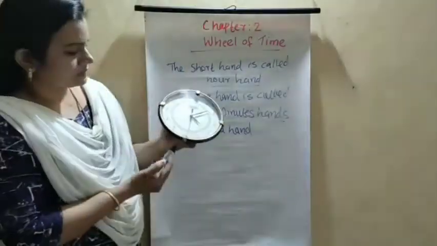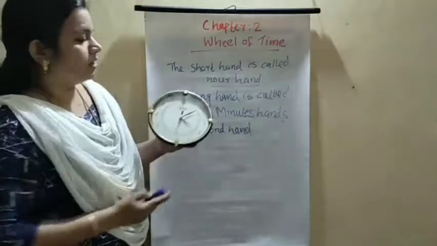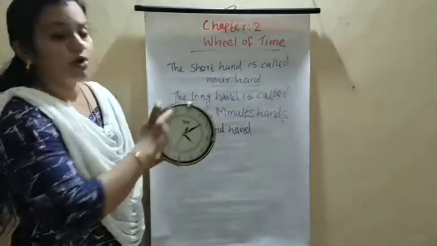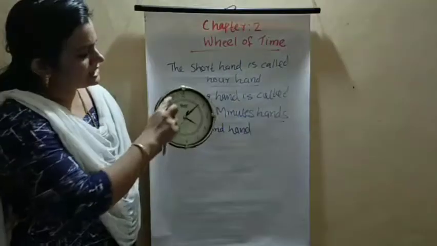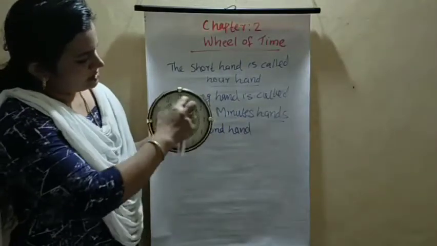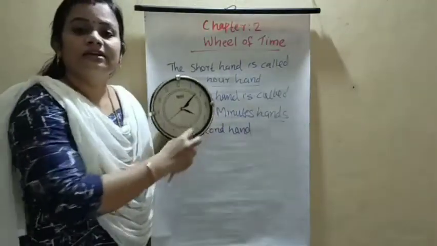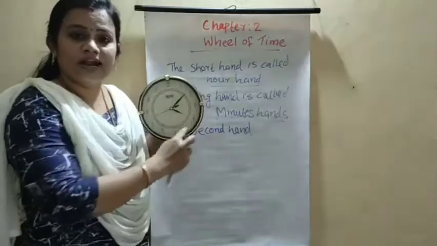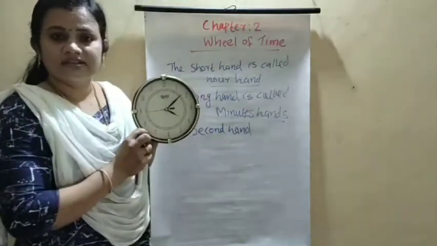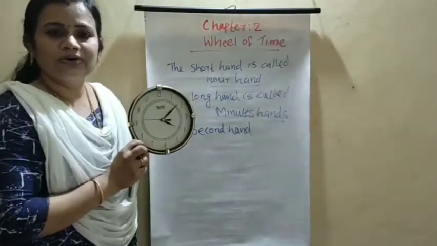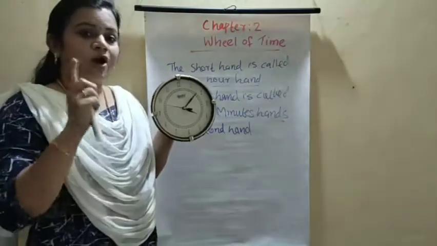Look here. On the clock, you already know the numbers are 1 to 12. Do you see these small lines? How many small lines are on this clock face? You just take your clock and count it.